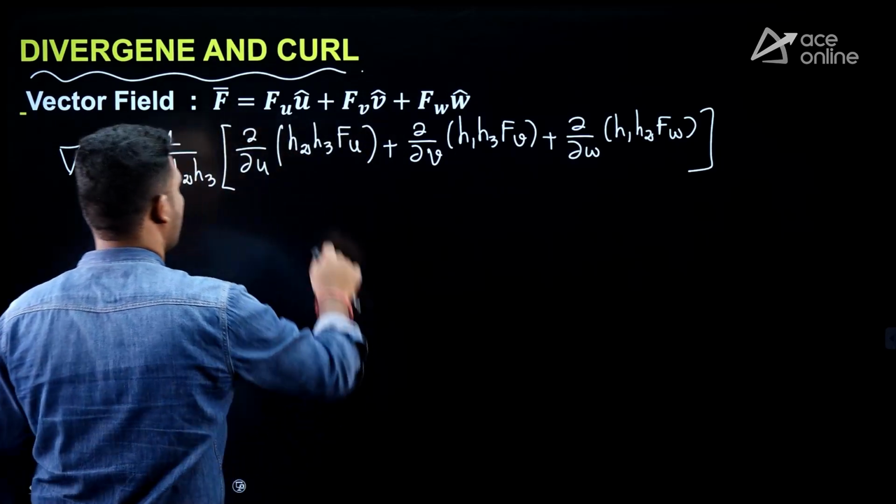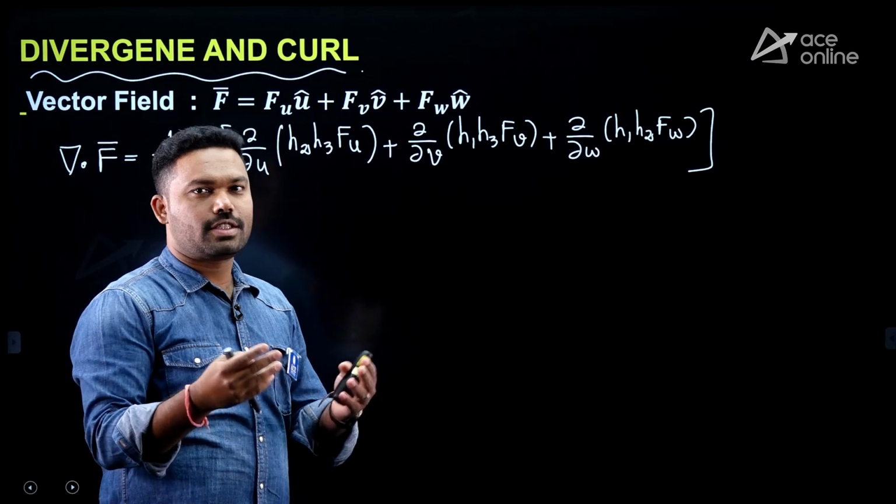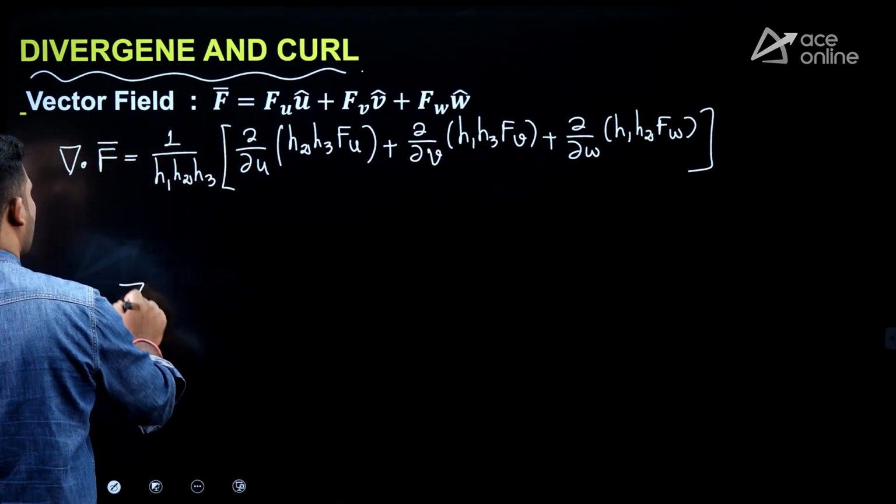Clear, guys? So H1 is missing, H2 is missing, H3 is missing. So in every formula, every generic form, there is some rhythm. Okay, fine. Then what happens to the curl of F, guys?